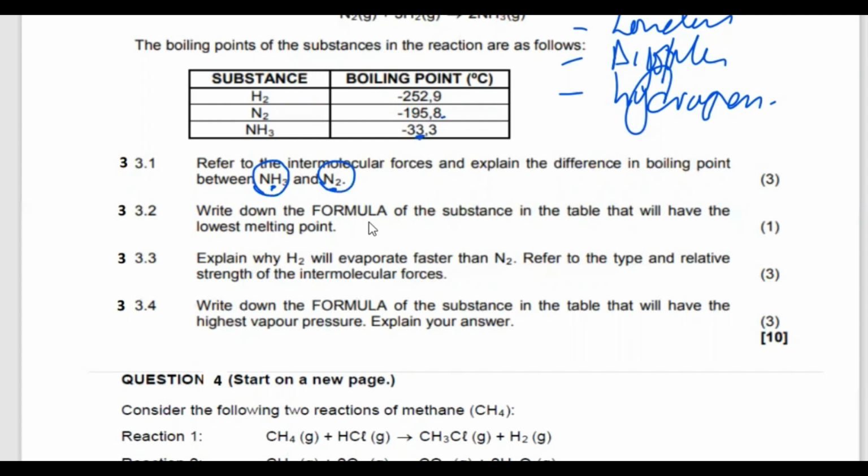Which one has a higher boiling point? The one with the higher boiling point is the one with the lower figure, because these are negatives.